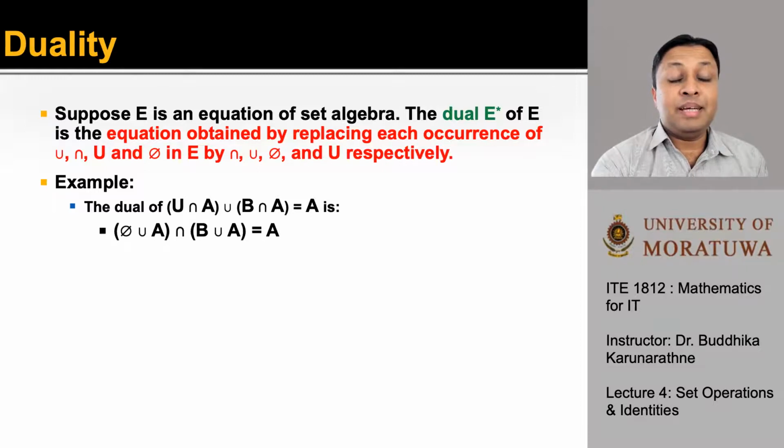By doing that transformation, you obtain what we call the dual of the equation E.